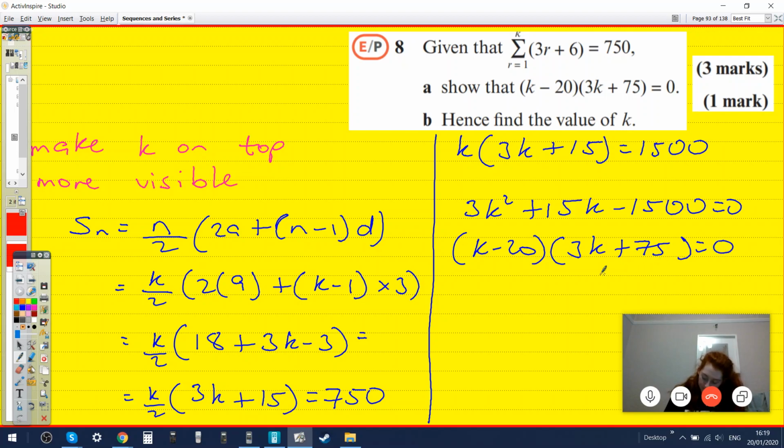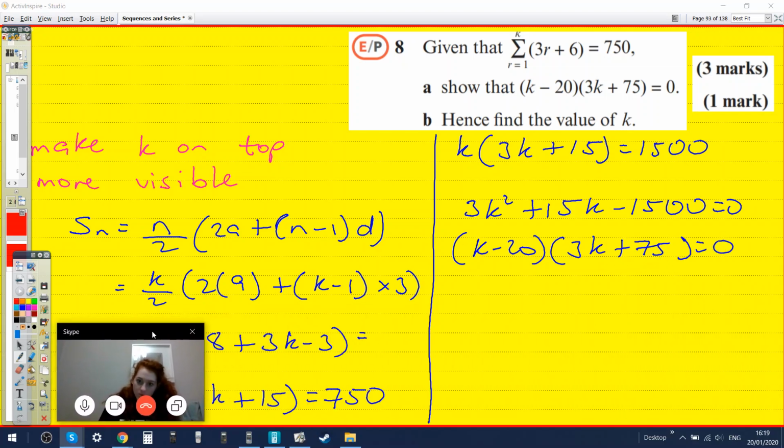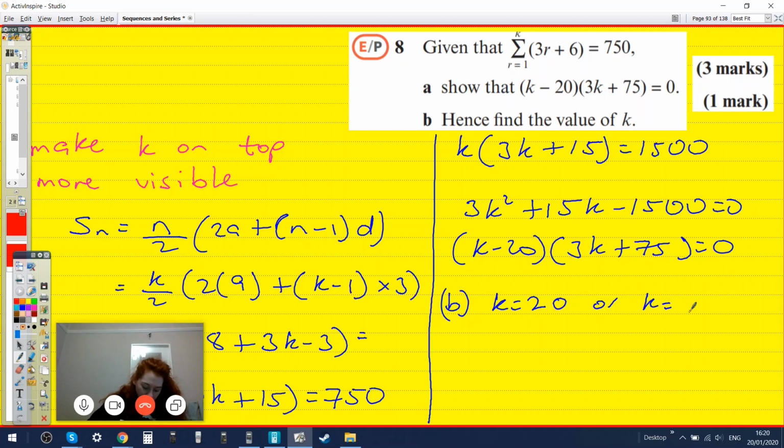Part B. So based from them brackets, we can figure out, it's either k equals 20 or k equals 75 divided by 3.